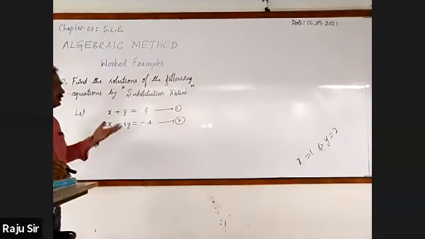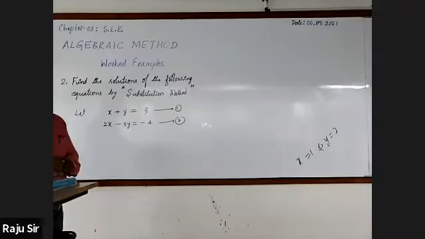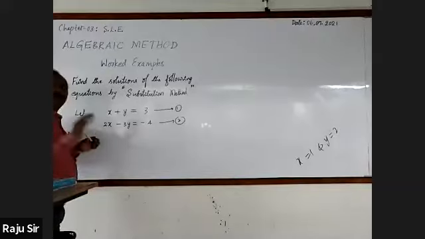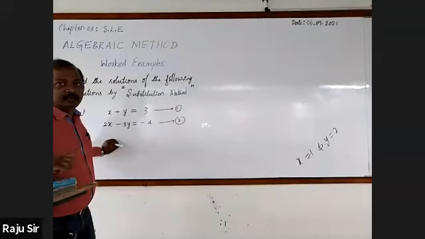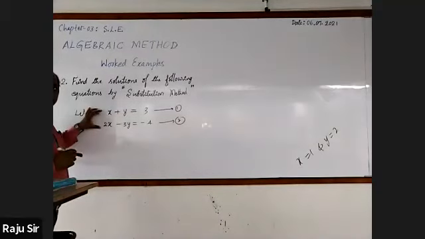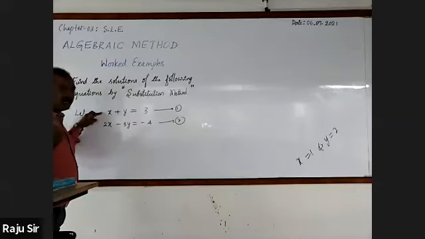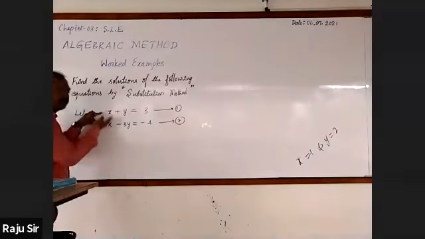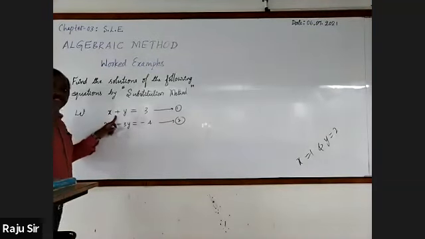Which one would you like to solve, either x or y? Anyone. Adil Malik, let your concentration be here. These are the two equations. To solve for either x or y, you may take any one of the two equations. I choose the first equation.